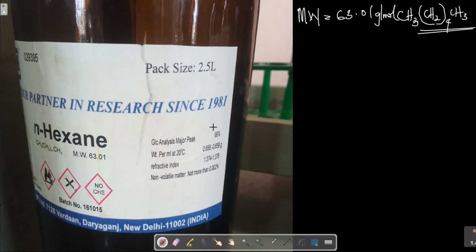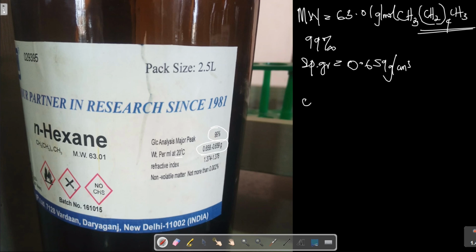The percent concentration here we have is 99%. And then the specific gravity at 20 degrees Celsius, we have a range of figures here. When you take the average, the specific gravity is 0.659 grams per cm cube.